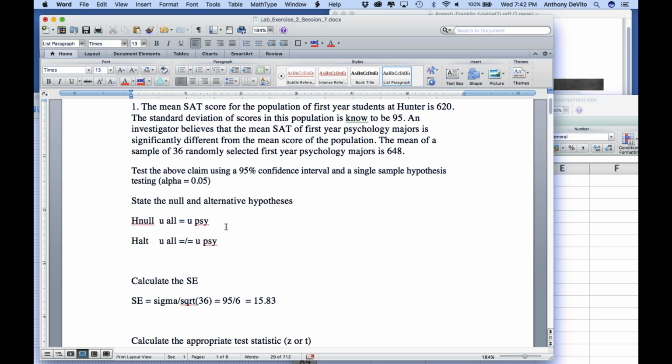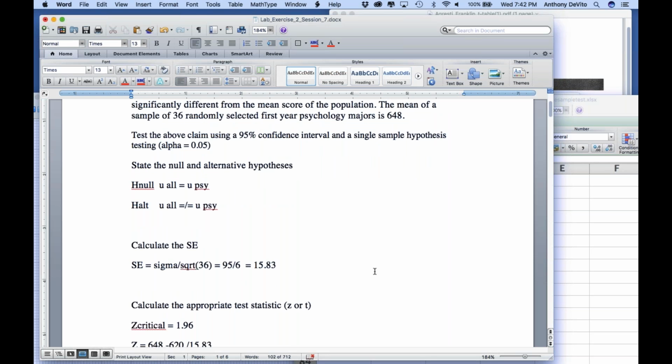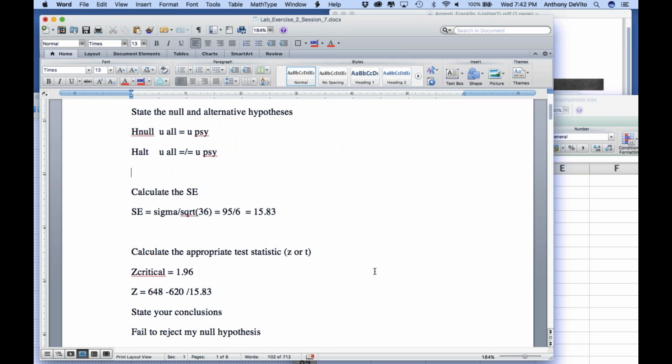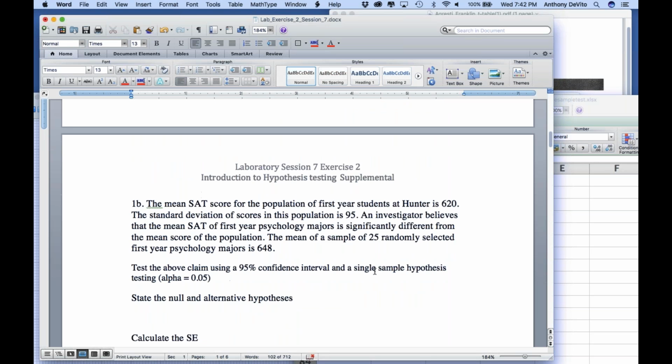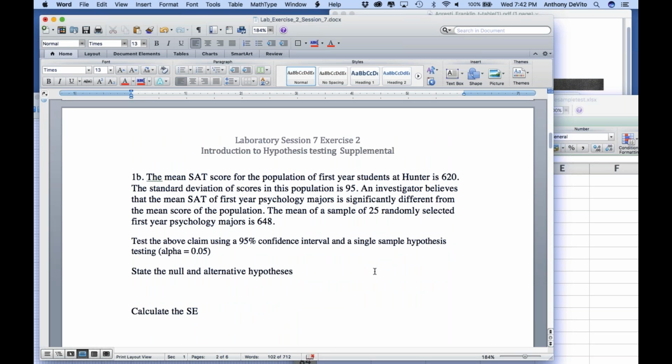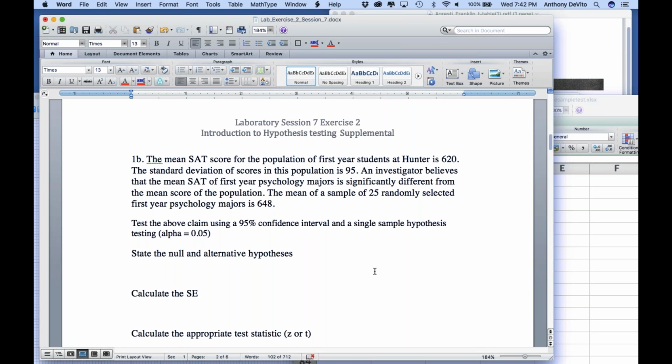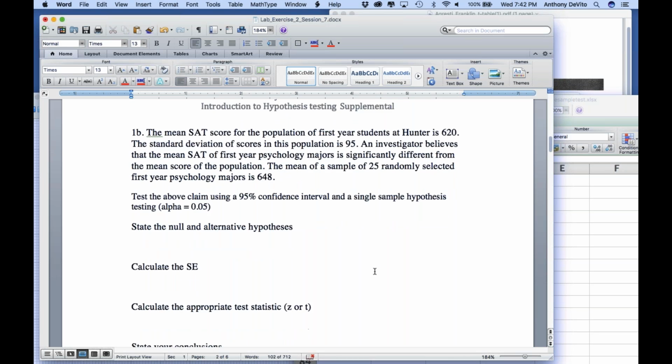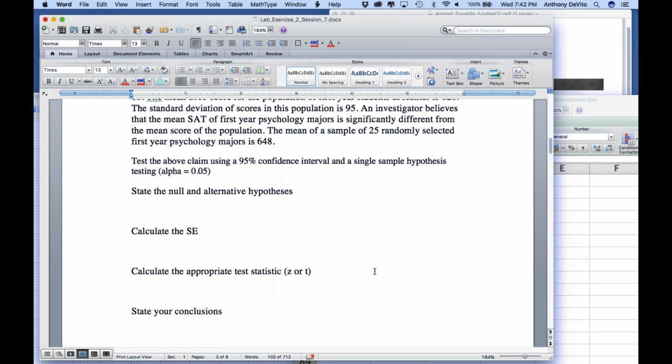If I didn't, I would have had to calculate my standard deviation from my sample of 36 students, and then I would have to use the T-score instead. Use the T-score when you're basing your standard deviation on the sample instead of the entire population. Almost always in real life, we'll wind up using the T-score, because we're working with samples for the most part.